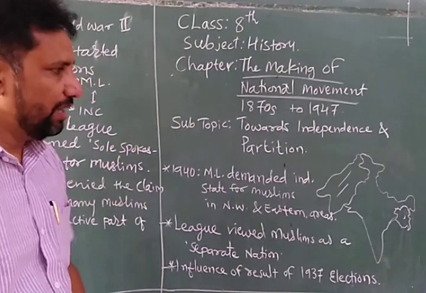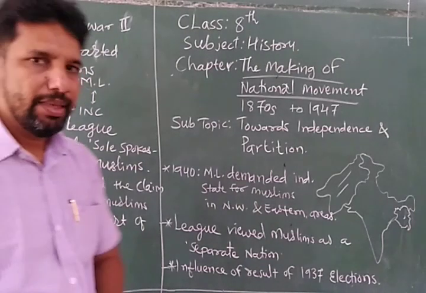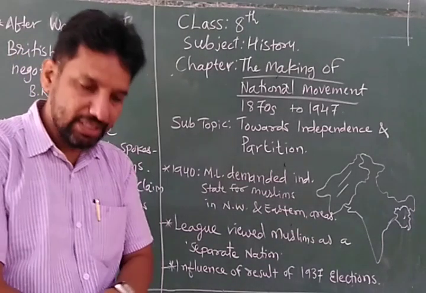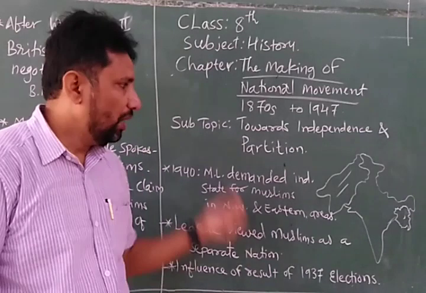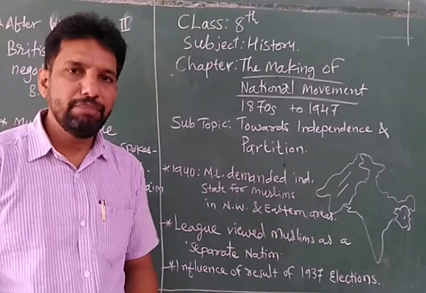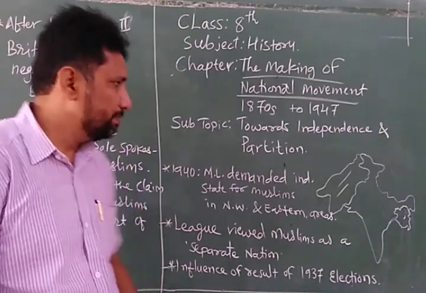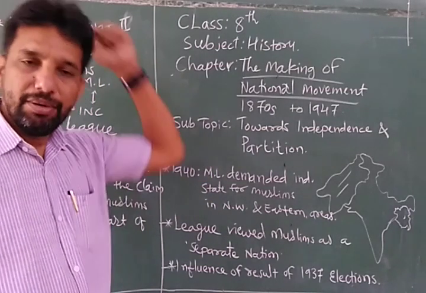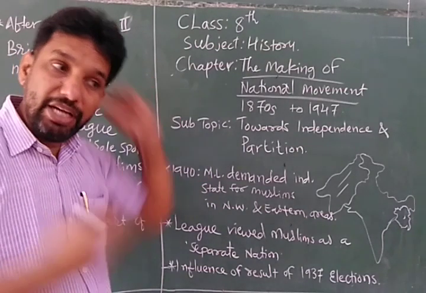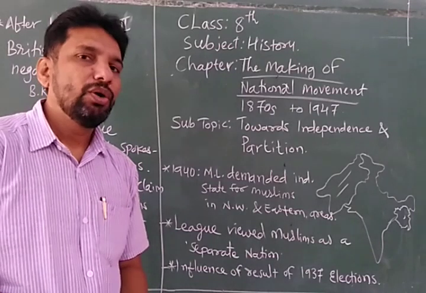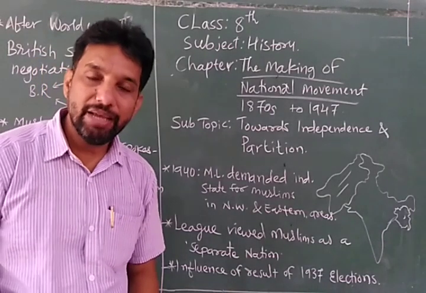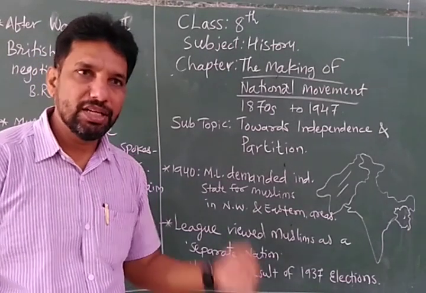In the last period, we had discussed the civil disobedience movement, and then the Quit India movement, how the mass of people of India participated, and it made the British think that they could no longer claim to stay in the country.